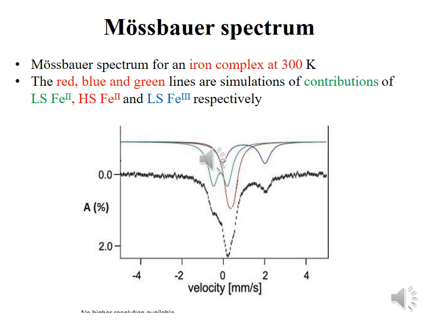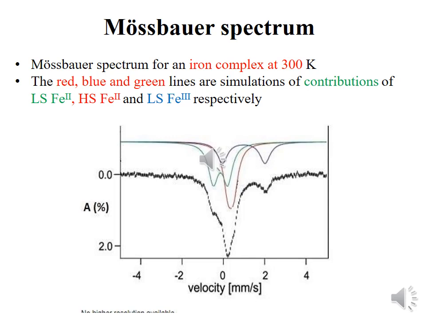In this slide, we study the Mössbauer spectrum of the iron complexes, which has three forms: Fe2+ in low spin complex, Fe2+ in high spin complex, and Fe3+ in low spin complex.